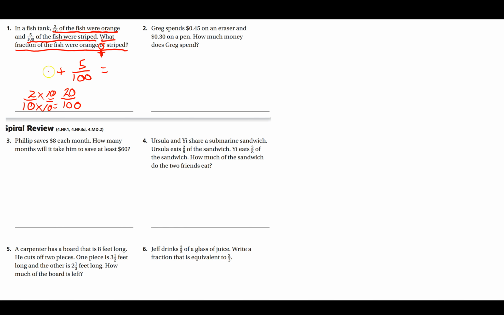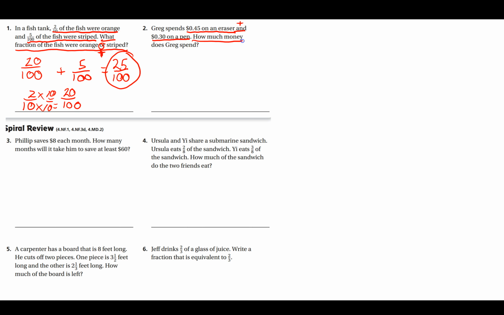We change the 2/10 into 20/100. Those are equivalent to each other. And now we can add straight across. Denominator stays the same. 20 plus 5, 25/100ths.